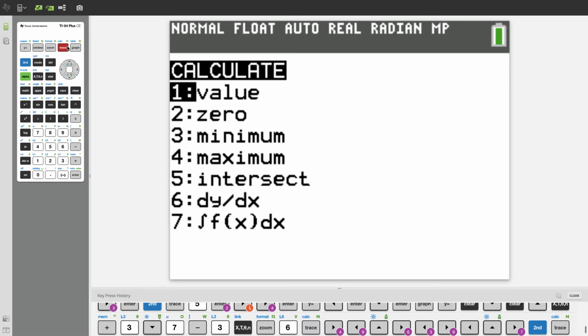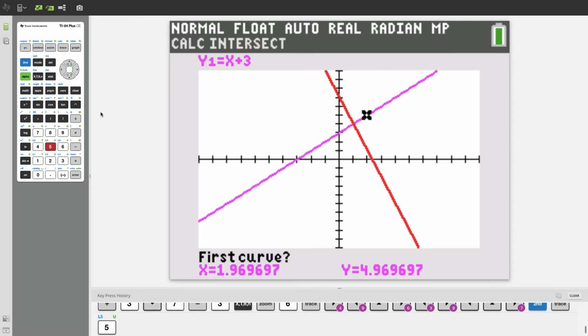You won't plot it, you'll just find the intersect. I got 1, 4.